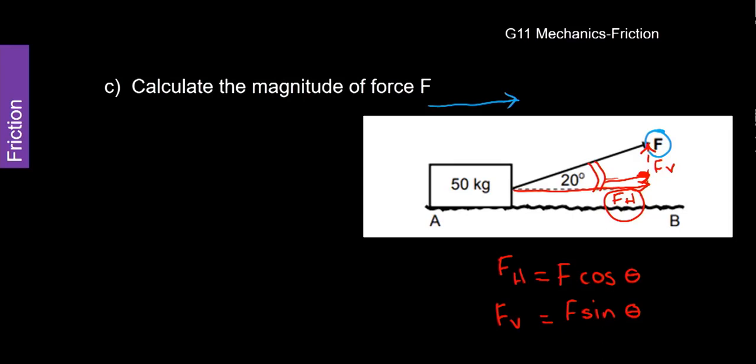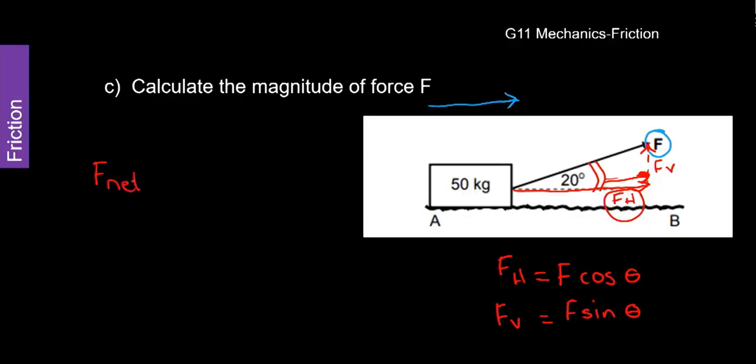So this object is moving. So Newton's laws tells us that F net is equal to ma. So we know that. We also know that acceleration is equal to 0. We know this because they've told us it's moving at constant velocity or constant speed. It means the acceleration is 0.